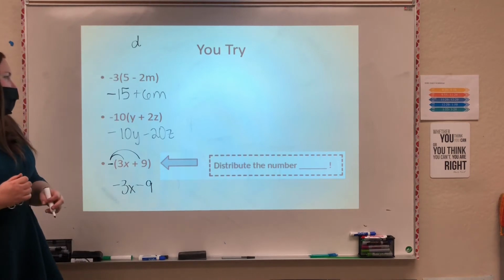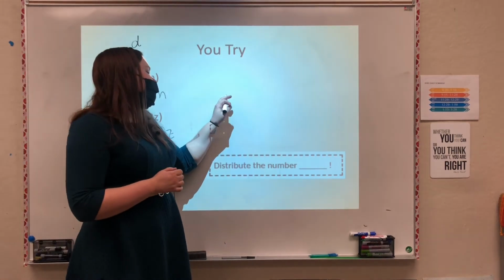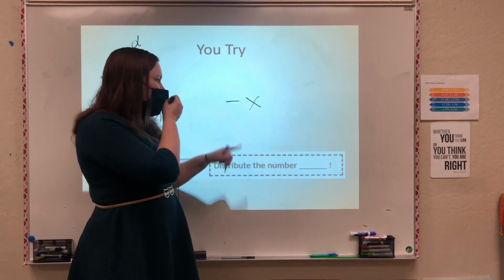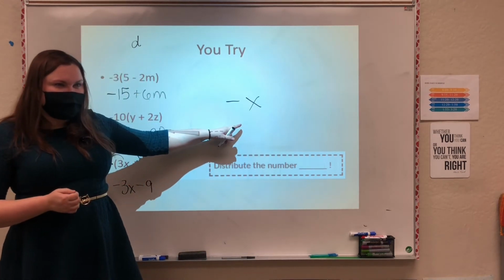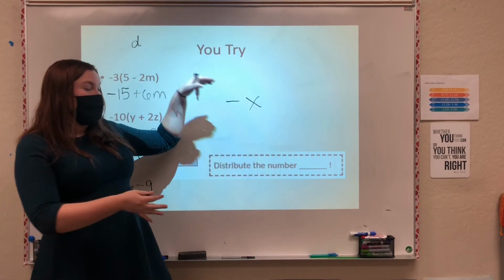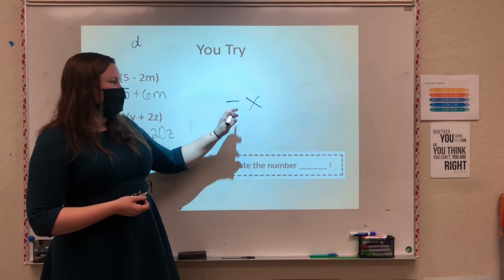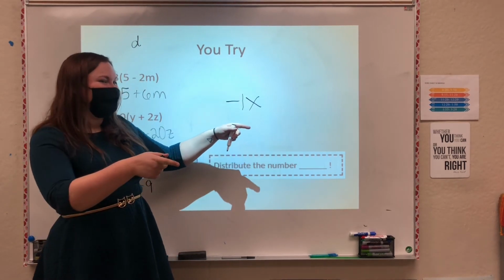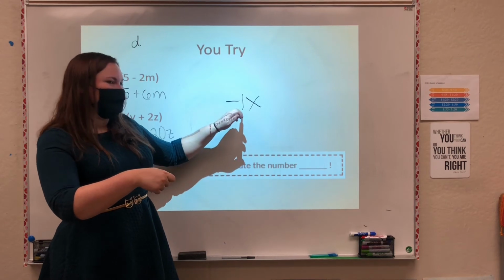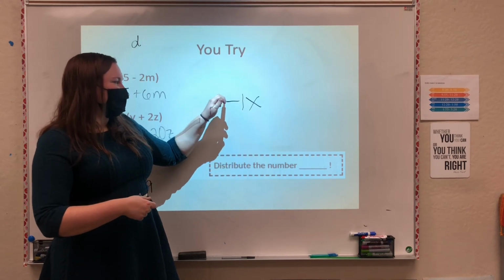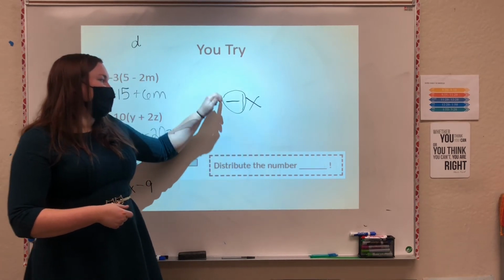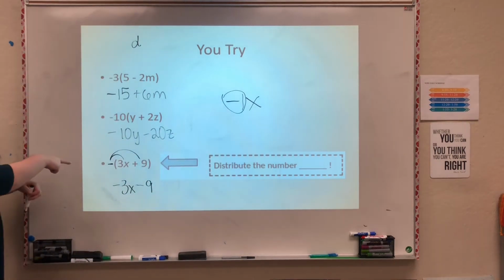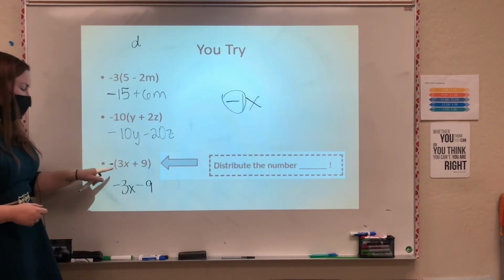The other way is if I wrote negative x down, what's that number in front of x? 1. The whole number in front of x. So you said there's a 1 here, which means the number in front is negative 1. There you go. You can think of it that way here too. We don't see a number.